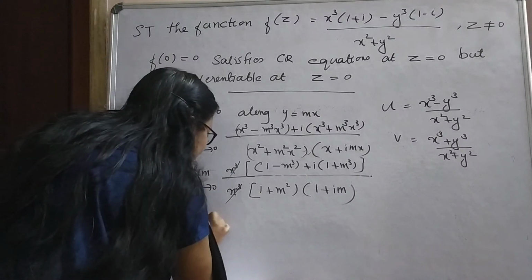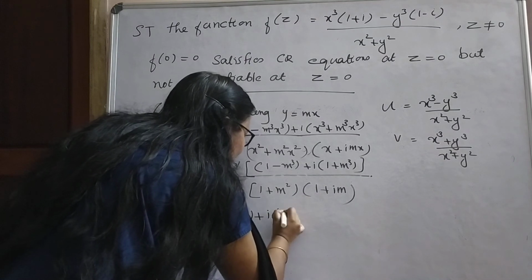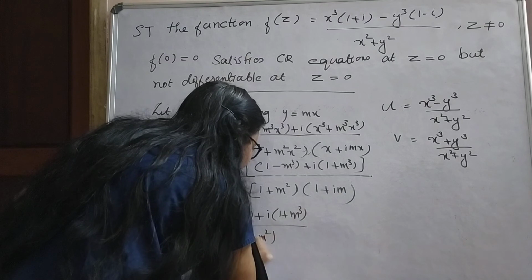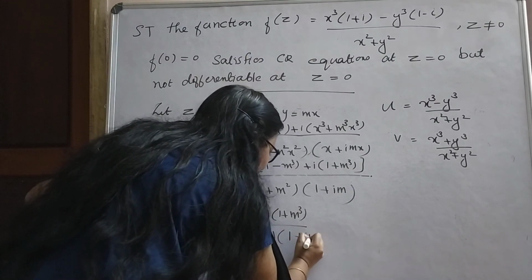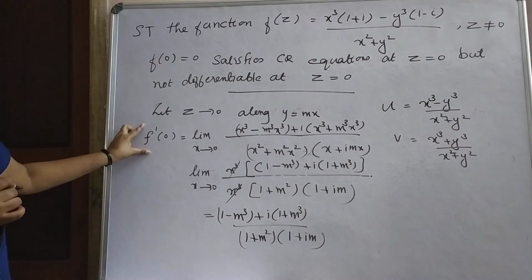Therefore, we get the answer as [(1 minus m cube) plus i(1 plus m cube)] / [(1 plus m square)(1 plus im)], which is the value for derivative of f(z) at 0.